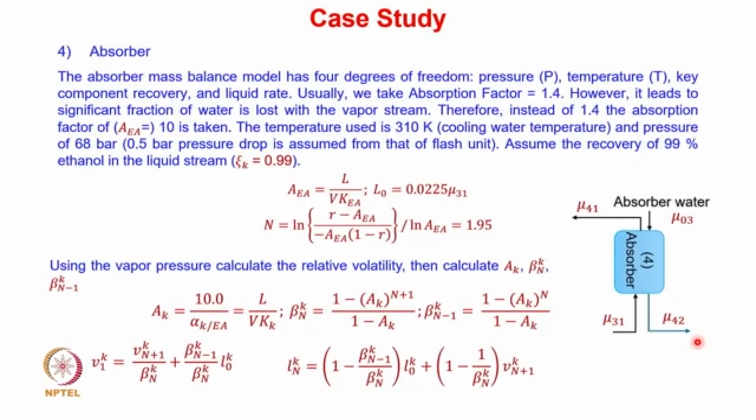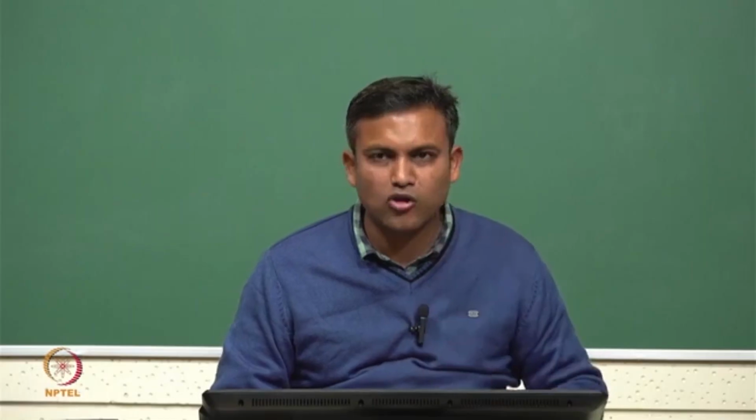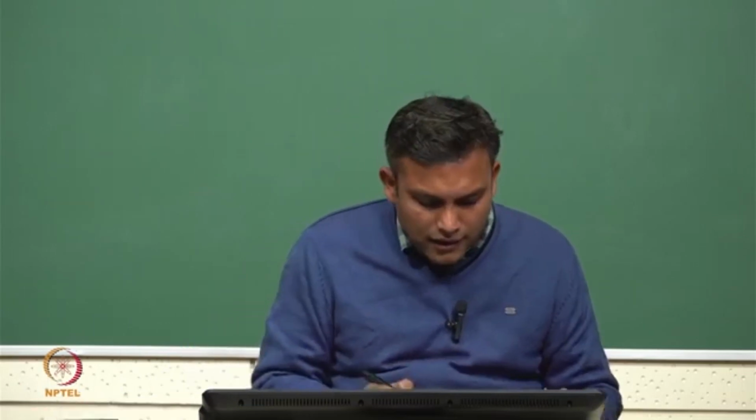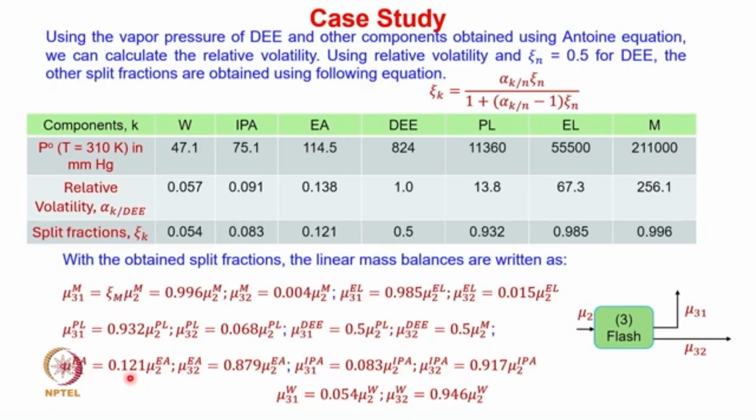Remember that the vapor stream coming out of the flash unit is then charged to the absorber, where we want to recover the ethanol. Ethyl alcohol will also be there in the vapor stream, given as 0.121 mu 2 ea.